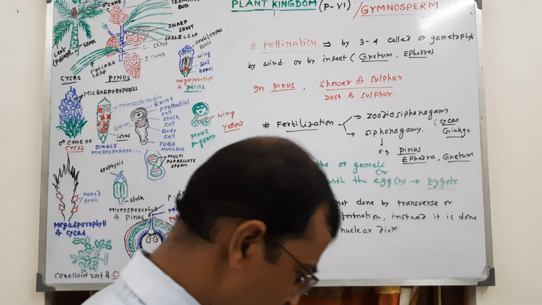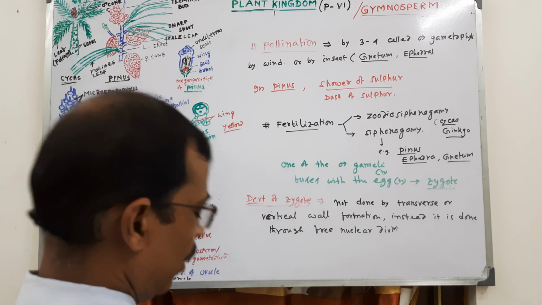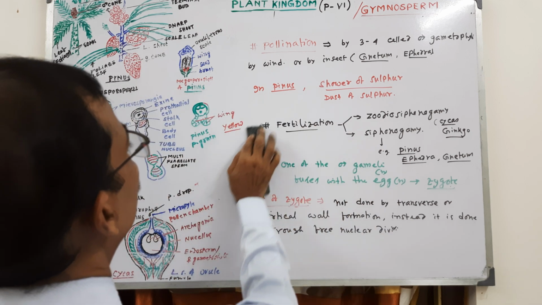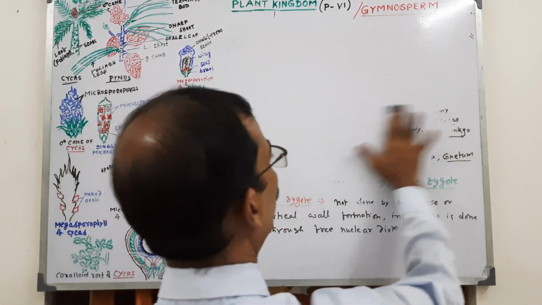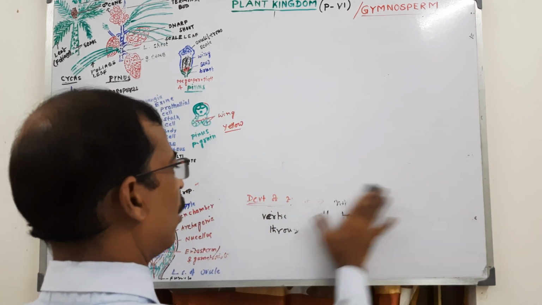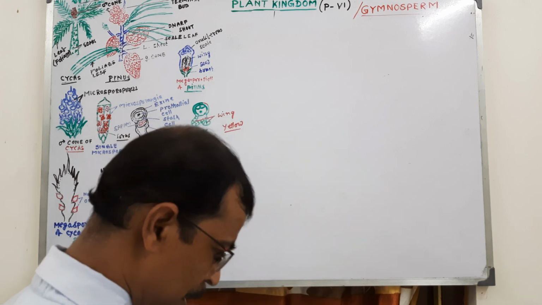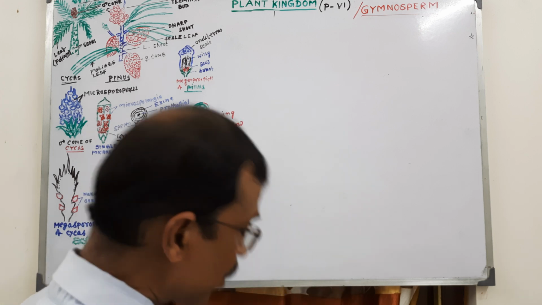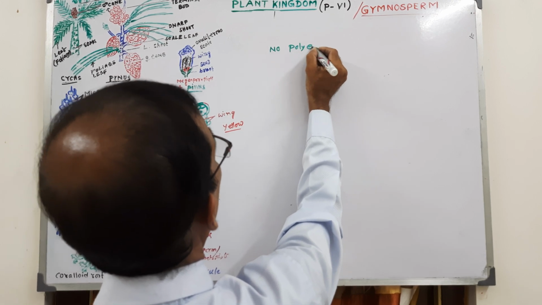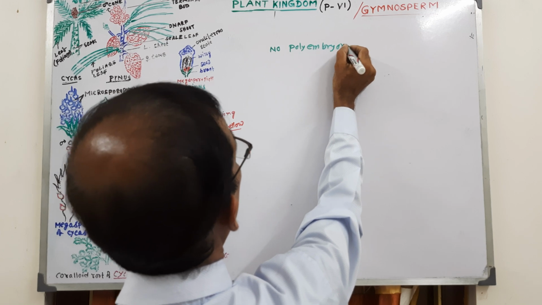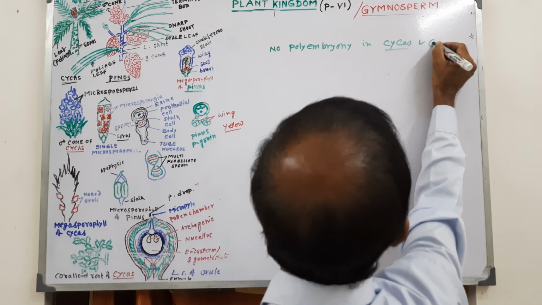Next, embryo formation. In this way, the zygote converts into an embryo. Now about the embryo. In major cases, polyembryony occurs, the phenomenon of producing many embryos. But there is no polyembryony in Cycas and Ginkgo.